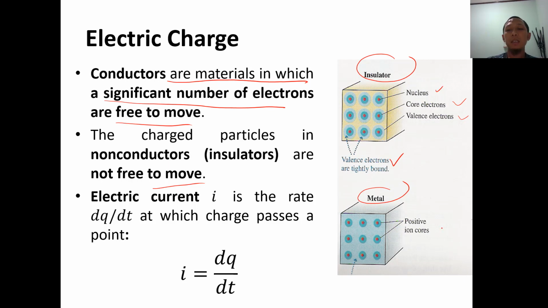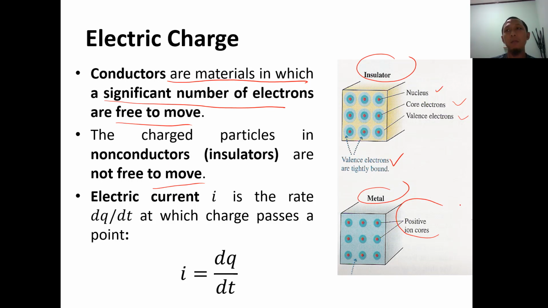But for the metal, they aren't. The electrons can move freely because the bonding of the charge in the metal is not very tight, so we can move the electrons or charge in the metal to other positions or to another material.